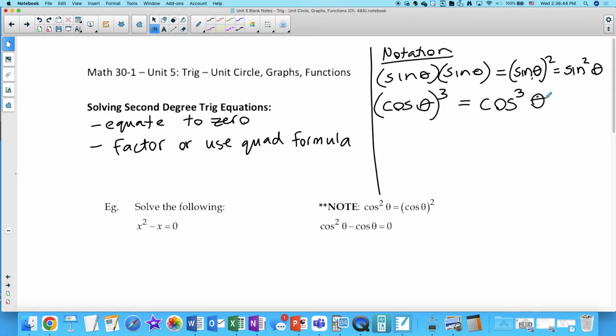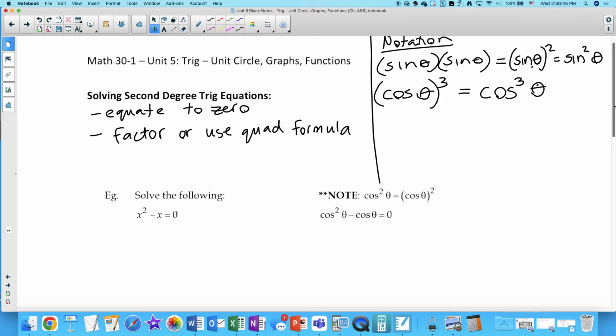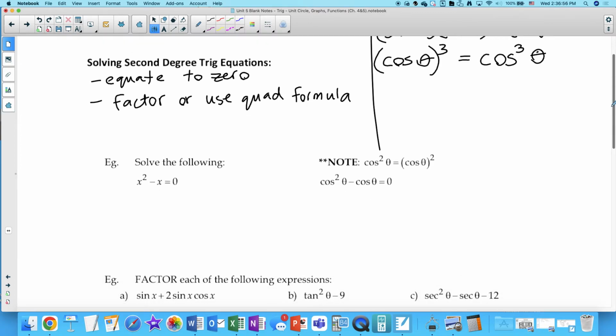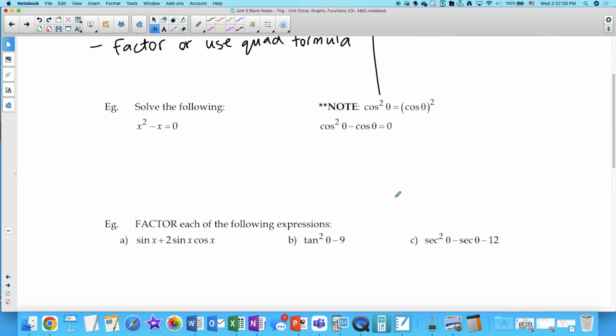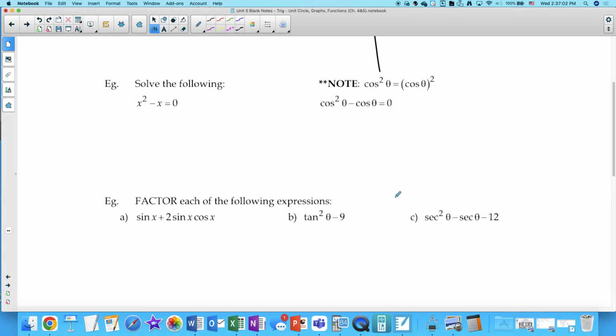Okay? All right. So, yeah, I have that over here. This should not say solve. Oh, yeah, solve the following. Okay, so let's talk about solving these second degree trig equations. You really want to think of it like solving a polynomial equation, specifically a quadratic equation.